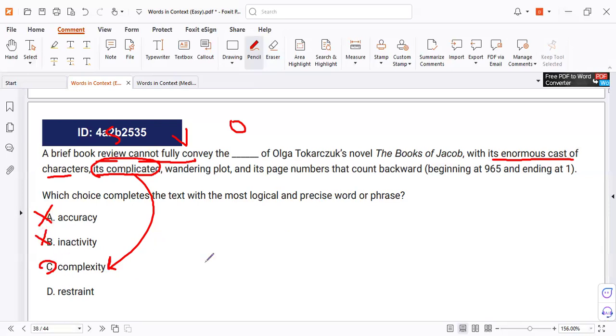Restrained, what is restrained here, or restricted rules on the review? Does not make sense. Complexity. Yes.